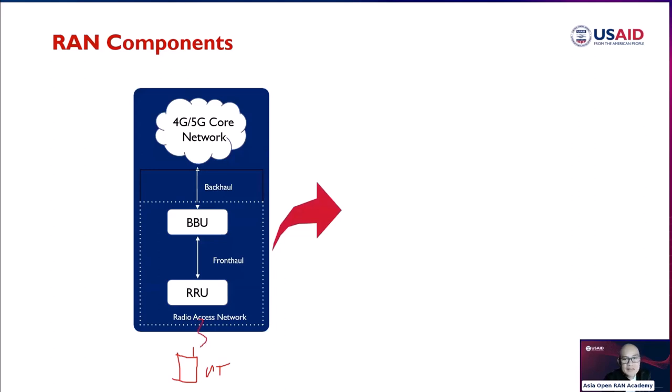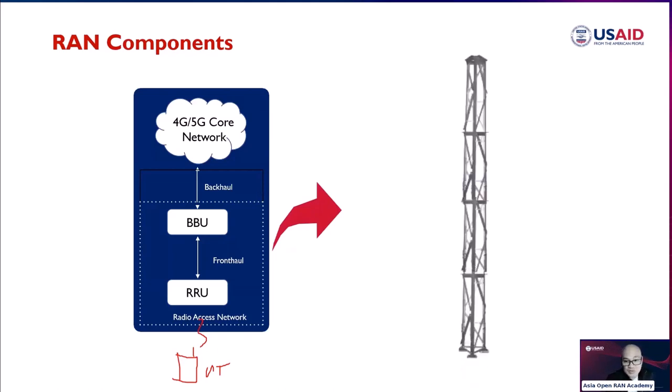If we look at this in the physical world, there is a physical structure that supports the radio access components, such as the antennas and cables. The tower structure is designed to be sturdy and stable even in high winds and extreme weather conditions.